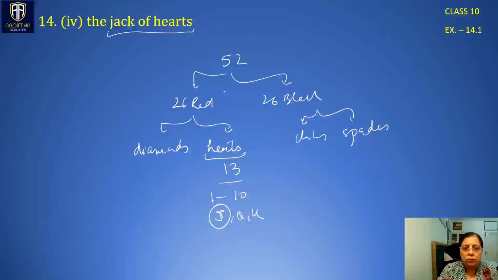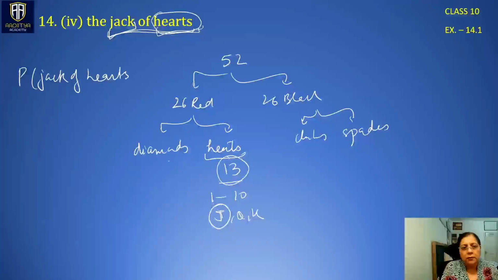First we went down to red cards and black cards, then we went to two suits in red cards, then it came to a particular card which is Jack of hearts. Hearts is a particular suit. There are 13 cards in it and Jack is a unique card of this particular suit. So the probability of Jack of hearts, right?